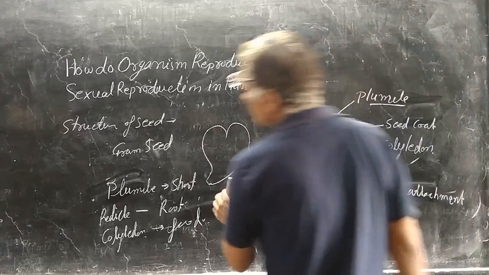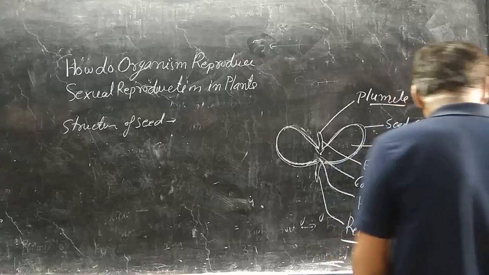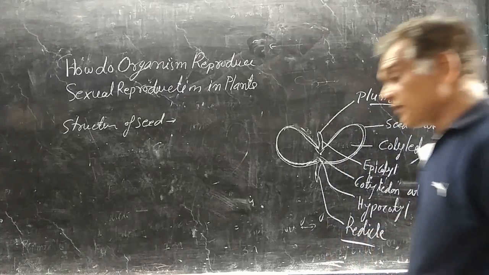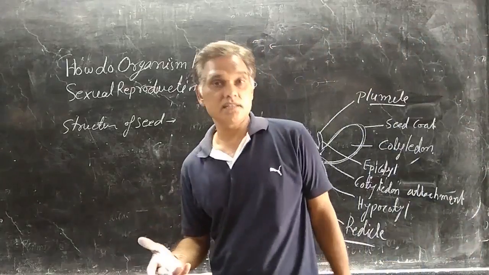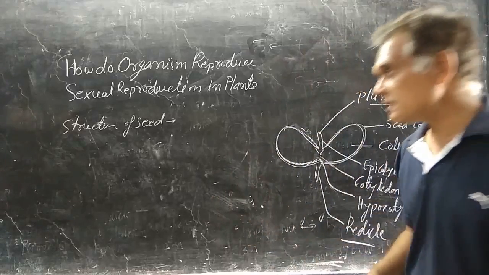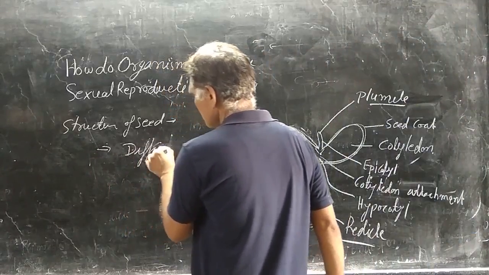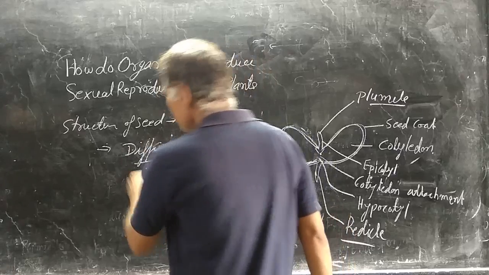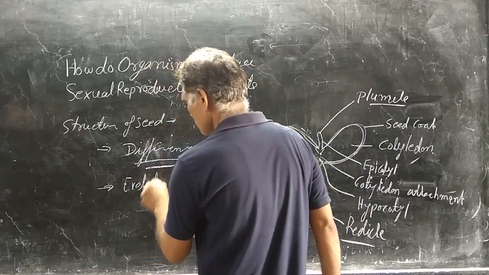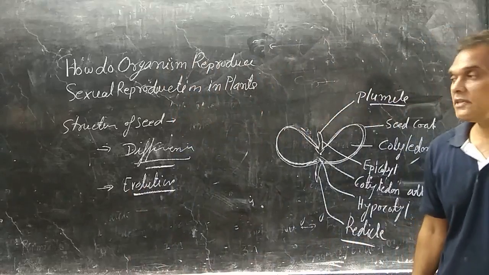What is the significance of sexual reproduction? Sexual reproduction के क्या useful हो सकते हैं? The main significance of sexual reproduction is that variation, differences will occur through sexual reproduction, and if the differences are there, that helps in evolution, which forms new types of organisms in nature.